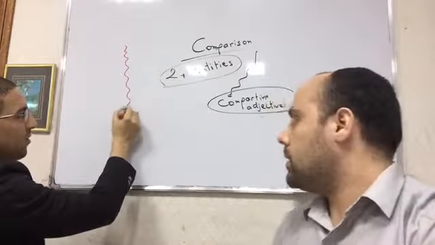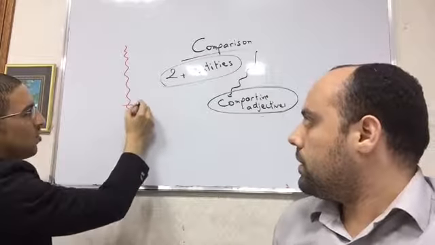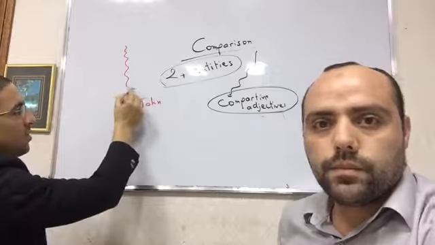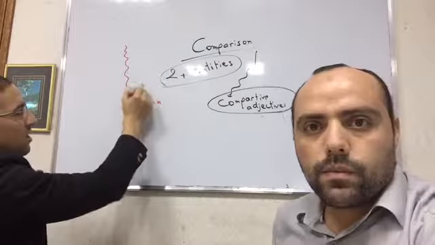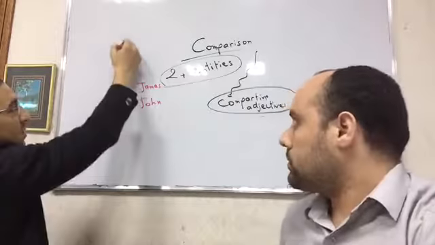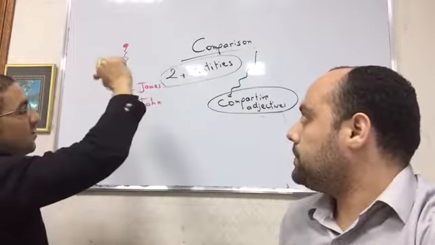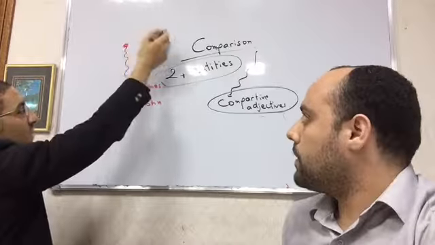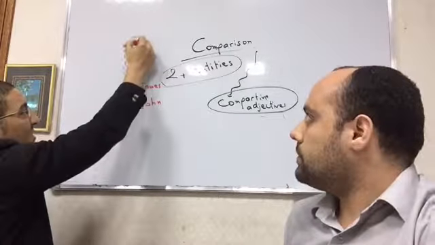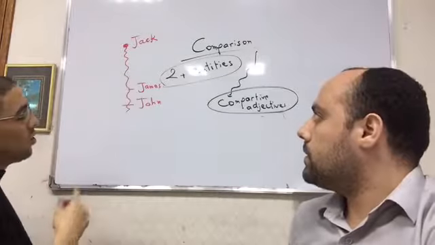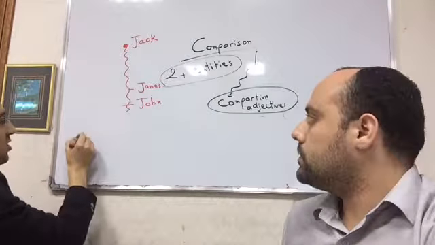We have a person here called John, and we have a person here called James. And this is the top. On the top, we have someone else, let's say Jack. Let's say we're going to use an adjective like tall.